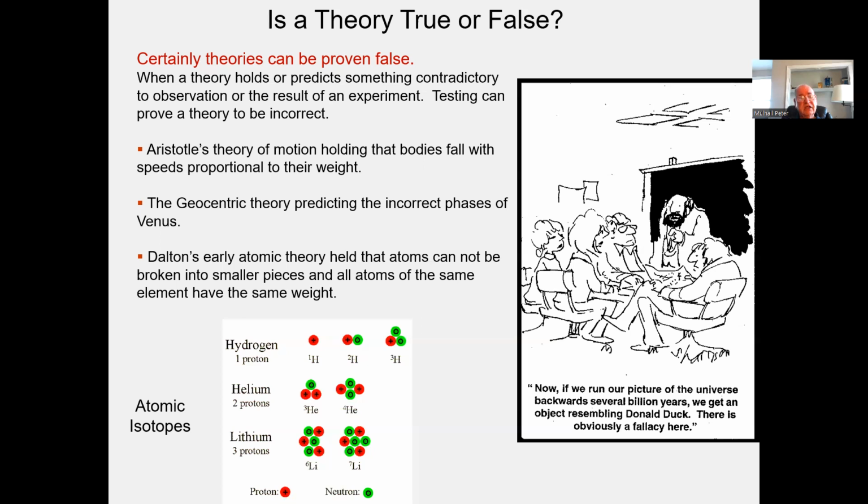They're called isotopes. Hydrogen, for example, has just a proton in its nucleus. Deuterium will have 1 neutron along with it, and tritium will have 2 neutrons along with it. Three different weights, but all being the same element, hydrogen. So both these major tenets of Dalton's theory turn out to be false, and therefore Dalton's theory has to be, at the very least, modified. It is not true.